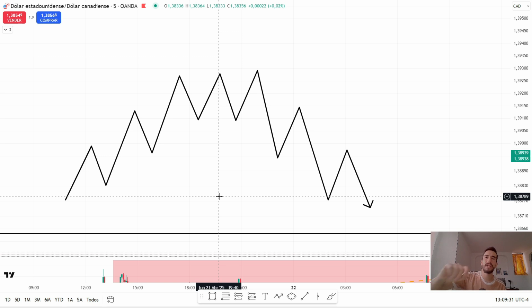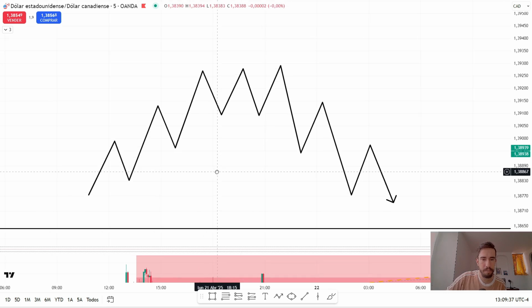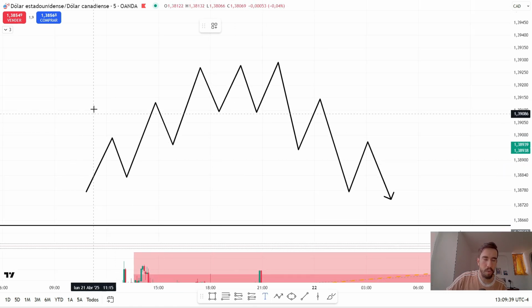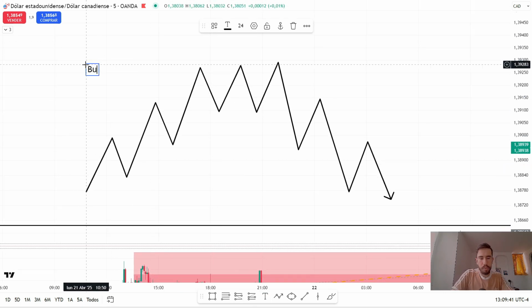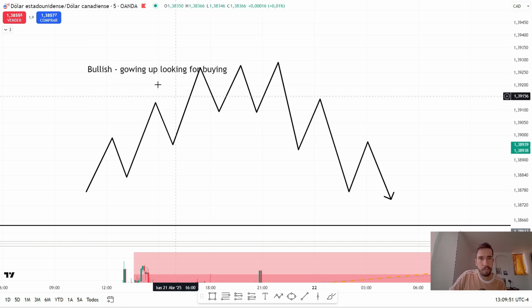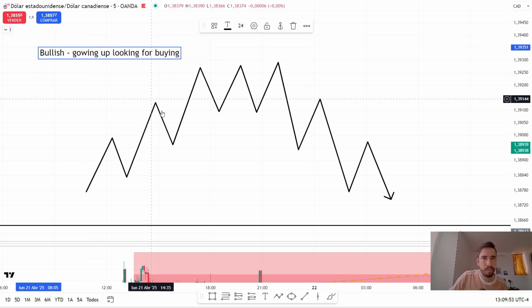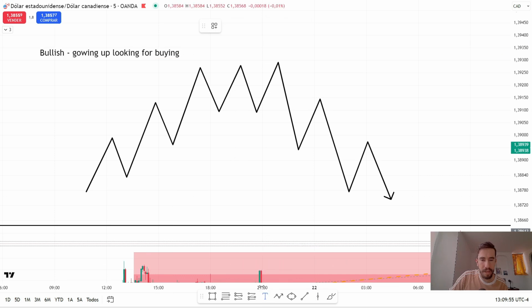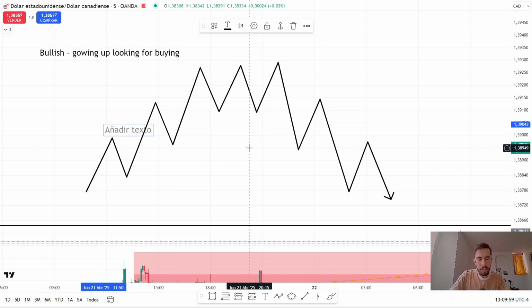Of course, I'm doing it in a bullish market turning into a bearish, but the other way around it works exactly the same. So remember, when it's a bullish market, it's going up, and we are looking for buys.